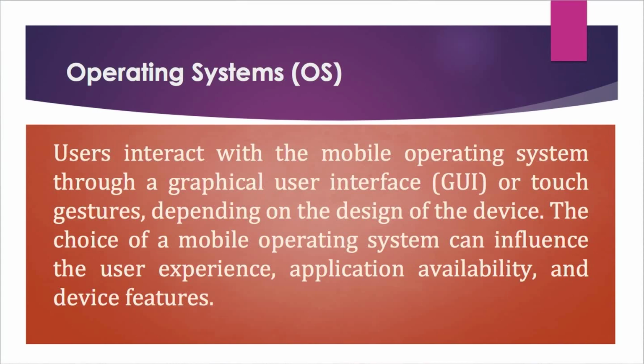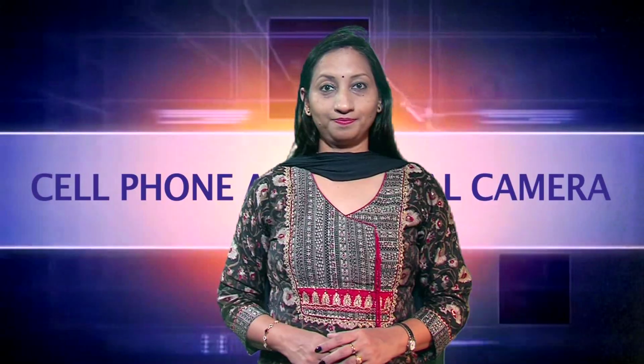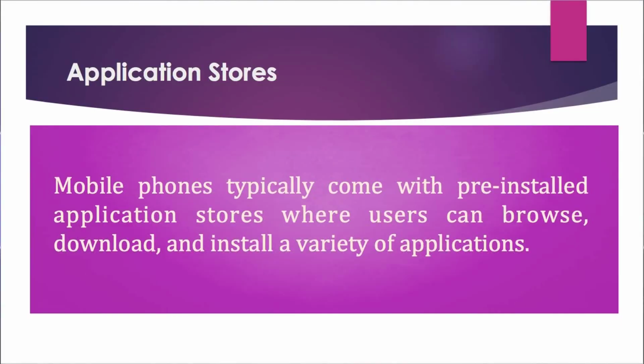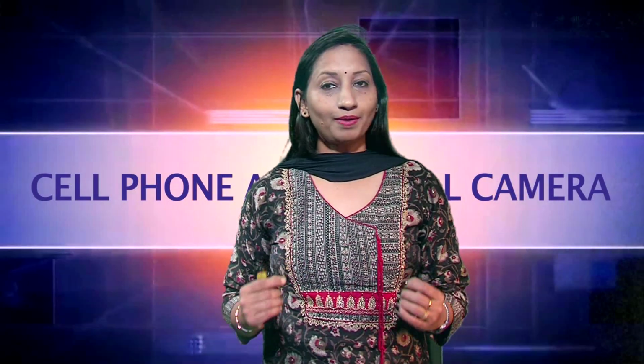The choice of a mobile operating system can influence the user experience, application availability, and device features. Application stores. Mobile phones typically come with pre-installed application stores where users can browse, download, and install a variety of applications. On Android devices, Google Play Store is the primary app store.